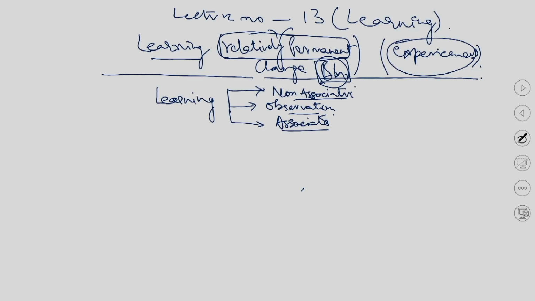What is the difference? In non-associative learning, behavior is developed for a single stimulus, and the two forms are habituation, which is formation of habits, and sensitization.